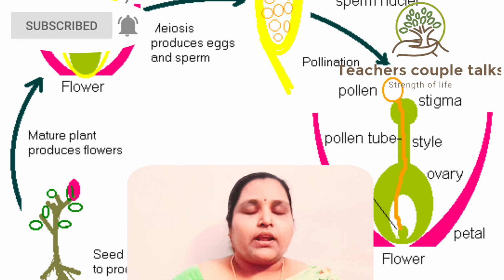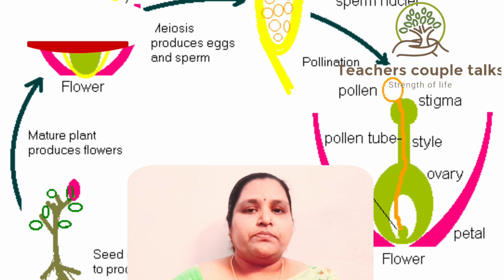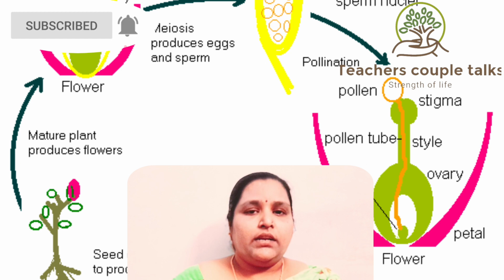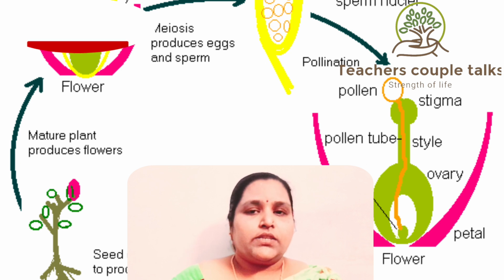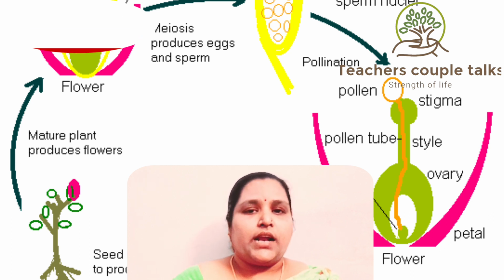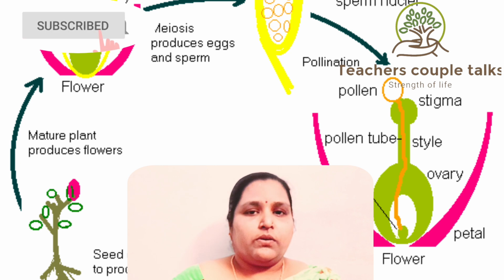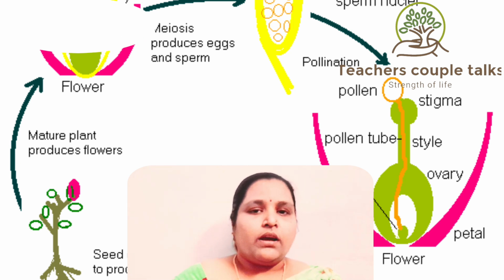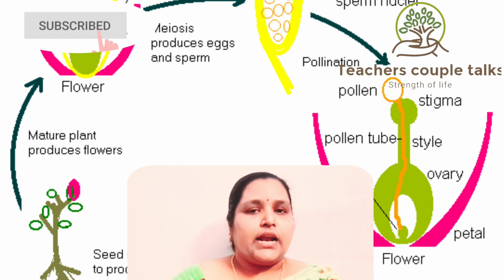Next, gynoecium. What is gynoecium? Gynoecium, or pistil, has a base that is swollen, called the thalamus.